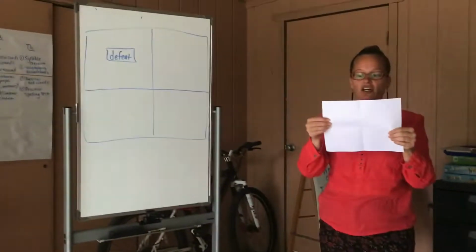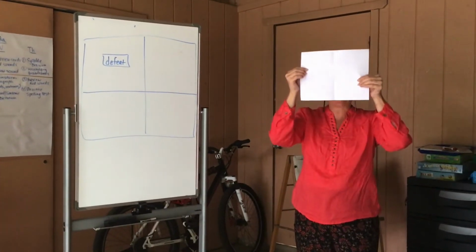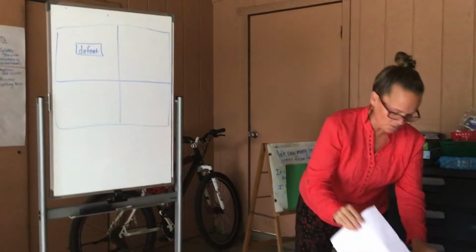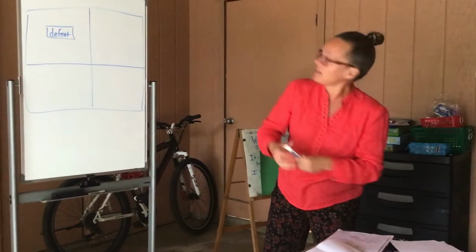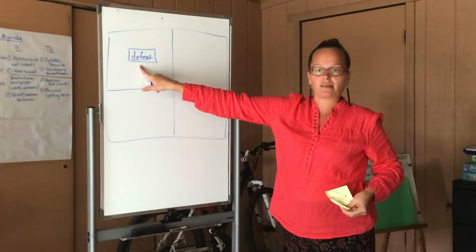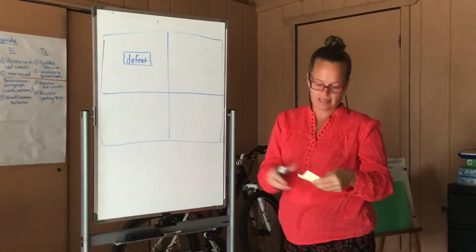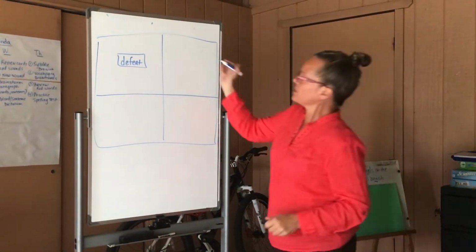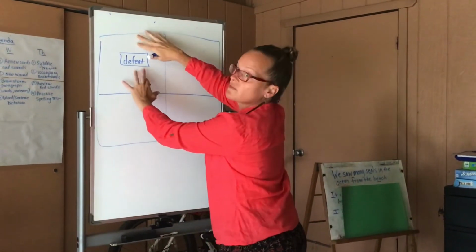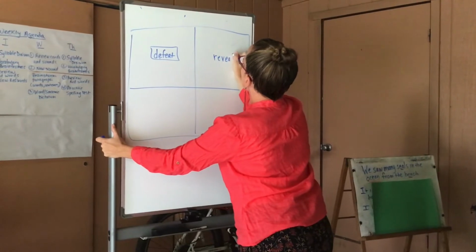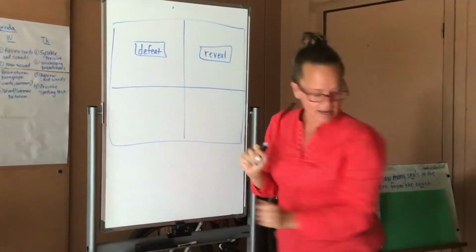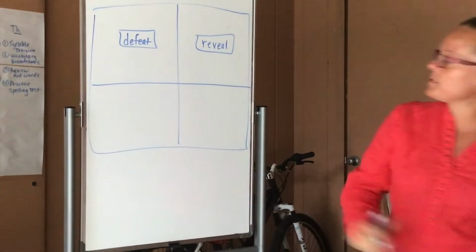What you're going to do is write little, in the middle, these words that we just did. The first word is defeat, D-E-F-E-A-T. The next word that we did, little and in the middle, because we need room for other stuff. Beneath.